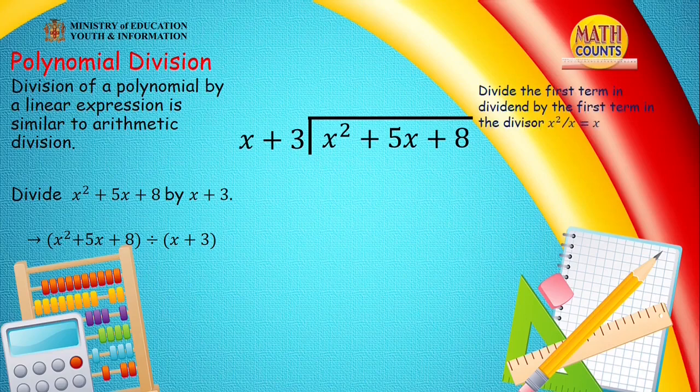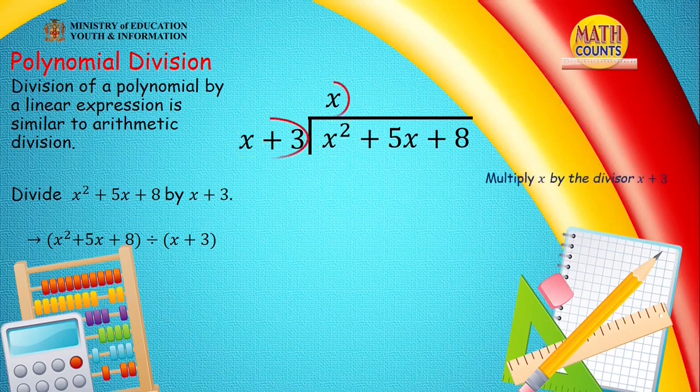First, divide the first term in the dividend by the first term in the divisor. In other words, x squared divided by x equals x. And notice where we place that x. Now we're going to multiply x times x plus 3, which gives us x squared plus 3x.